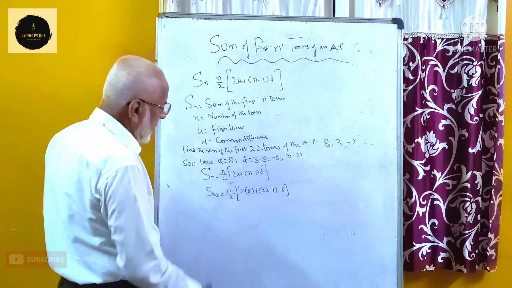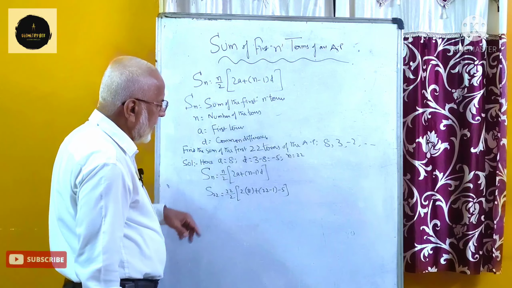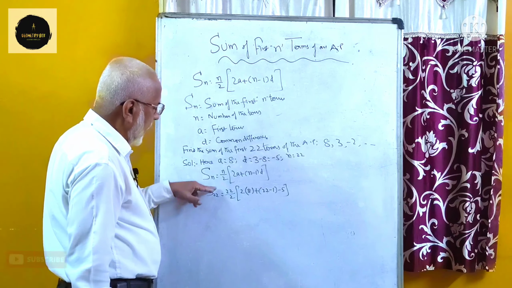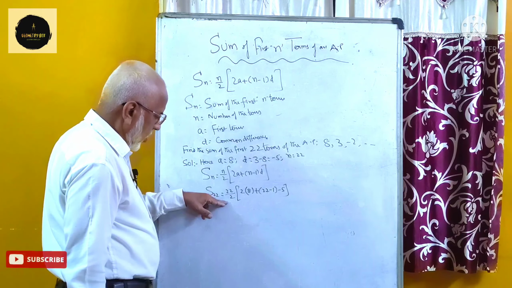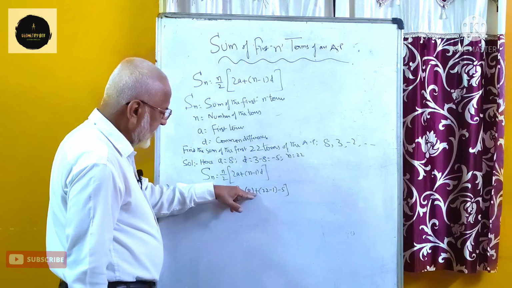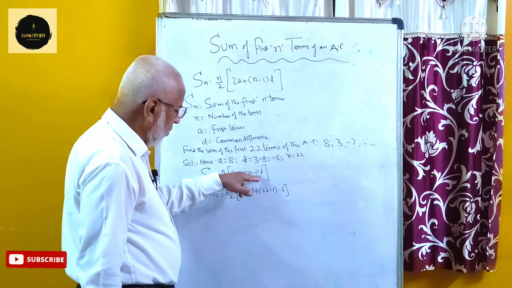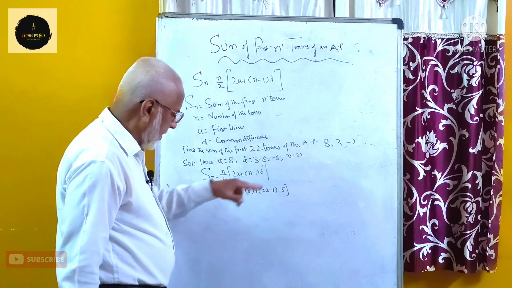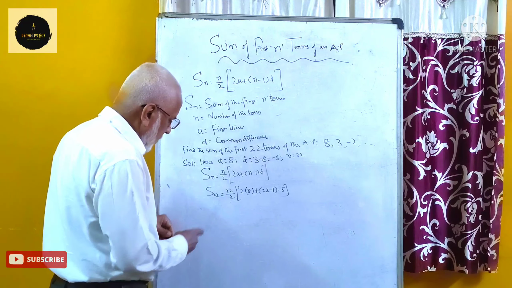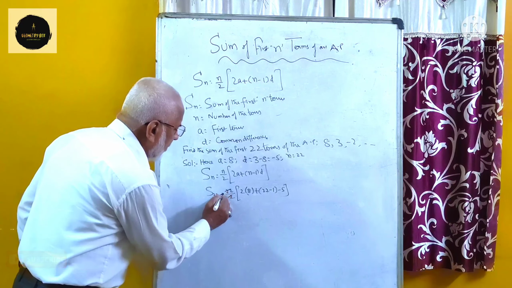Write down Sn equals n by 2 into 2a plus n minus 1 into d, where Sn is S22 and n is 22 by 2, into 2 into a, which is 8, plus n minus 1, which is 22 minus 1, into d, where d is minus 5. Cancel 2 in 22, it is 11 times.